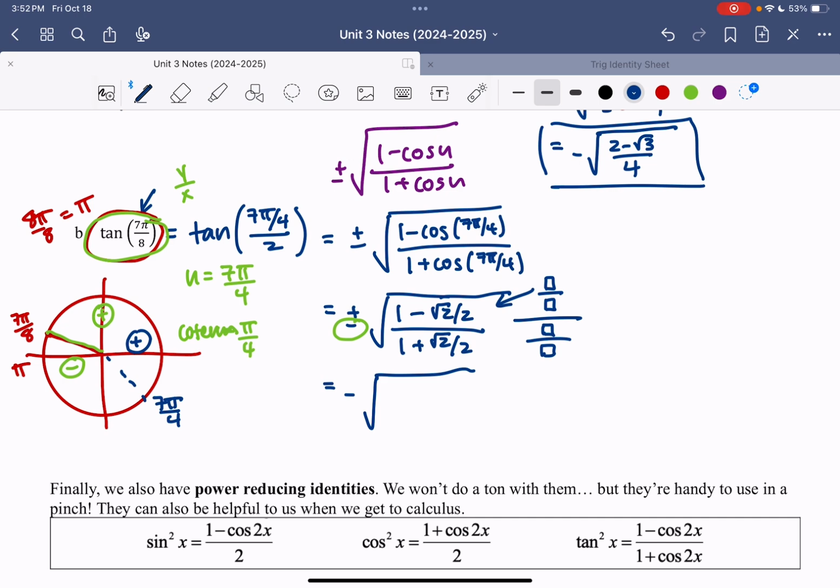So if I did that within the numerator, I need to make this bigger, big square root. This is going to be 2 minus the square root of 2 over 2, by turning the 1 into a 2 over 2. And then same thing with the denominator. This is going to be over 2 plus the square root of 2 over 2.